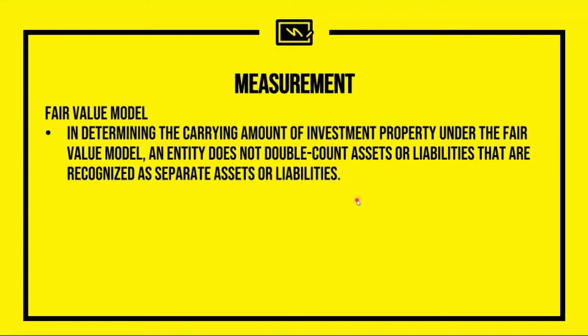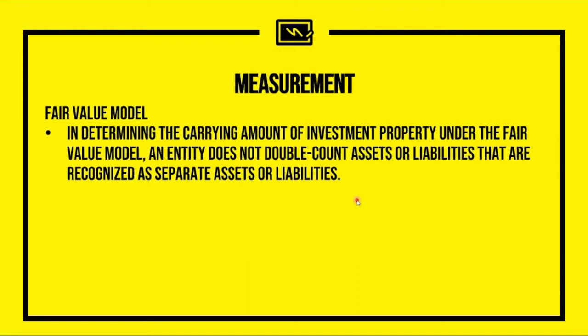So the decision guide is like this: in determining the fair value, those that are integral, or important or essential in holding the value of the investment property, should not be recognized separately as other assets.